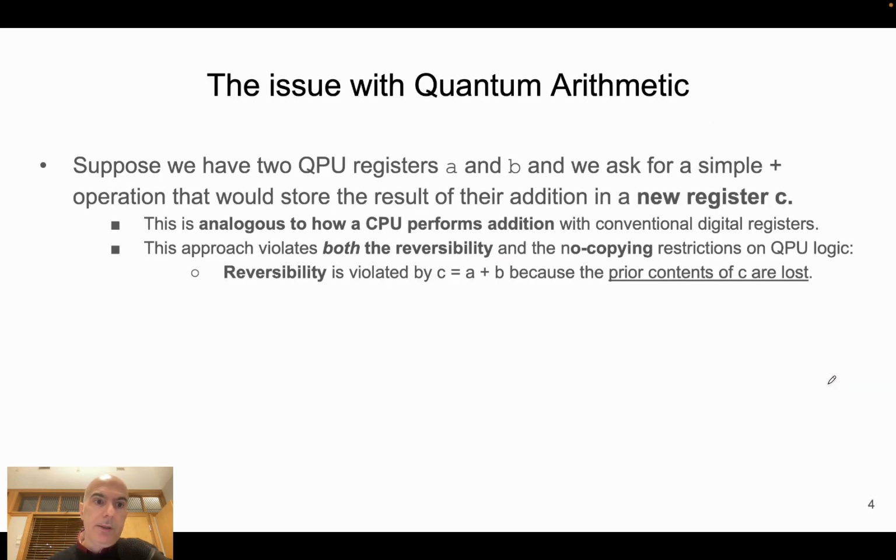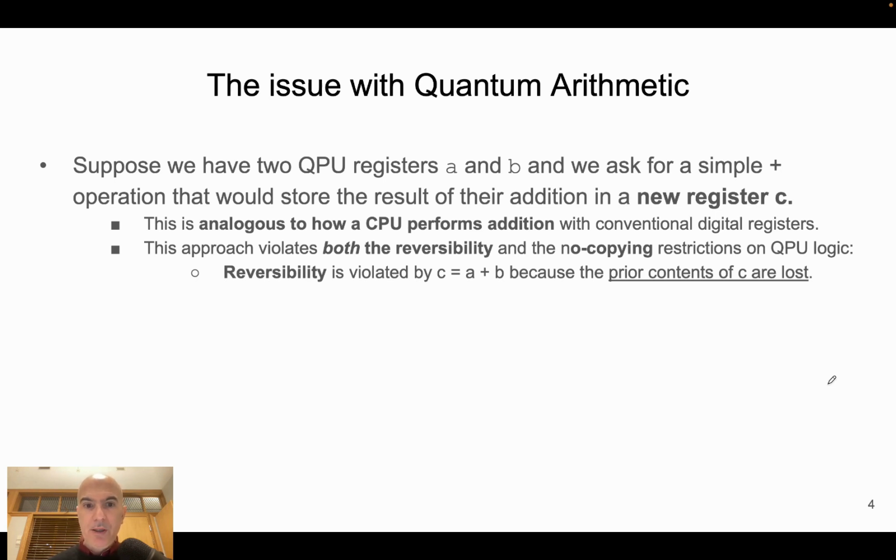I told you that the assignment operation cannot be implemented. So suppose we have two QPU registers A and B, and we ask for a simple operation C equal to A plus B. This is analogous to how a CPU performs an addition in conventional digital registers.